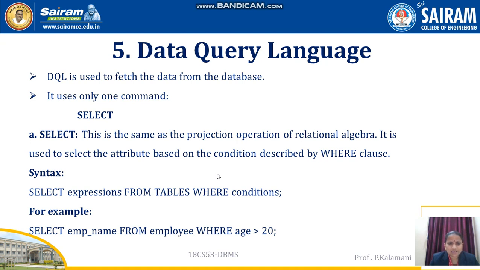This is the same as the projection operation. What is the function of projection in relational algebra? It is used to select tuples from the relations, with the conditions we give. With some condition, it will retrieve the attributes. The select operation is used to retrieve all the tuples, so that will be used here.